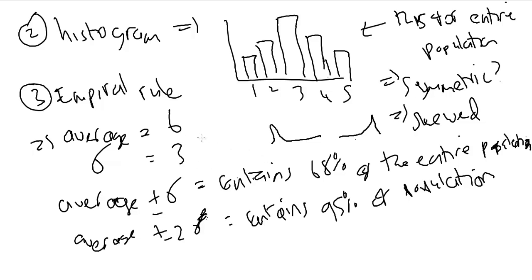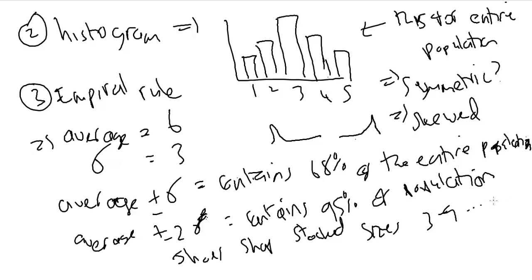So then 68% of the people, if they all had a look in your shop, you would have the correct shoe size for them. So yeah, if the shoe shop stocked sizes 3 to 9, that's 68%.